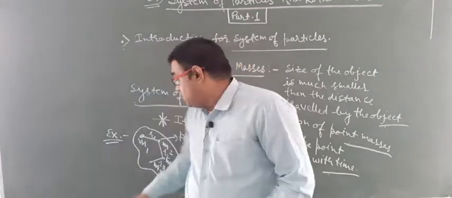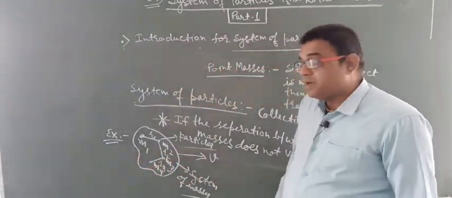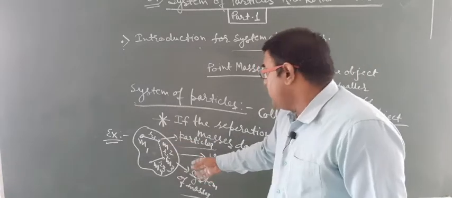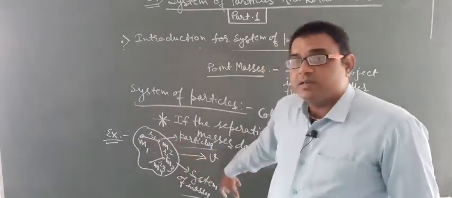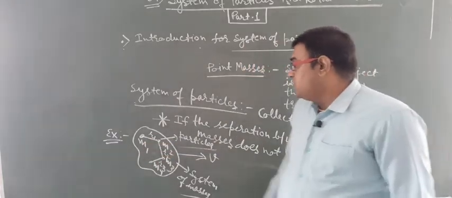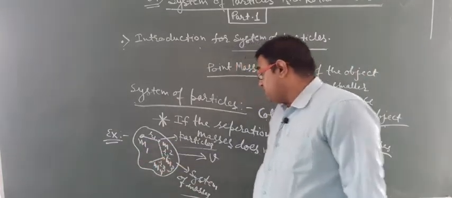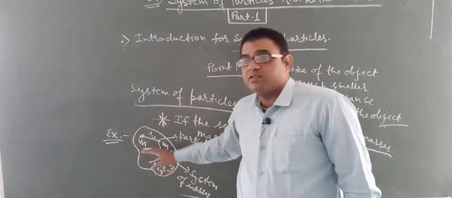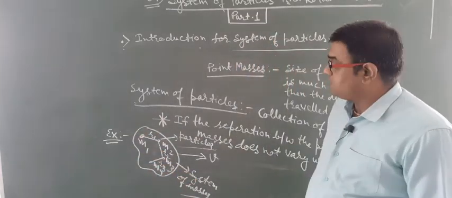The small masses can be considered as particles. In this way the whole system moves and the separation between the masses does not change, and the whole collection is called a system of masses.